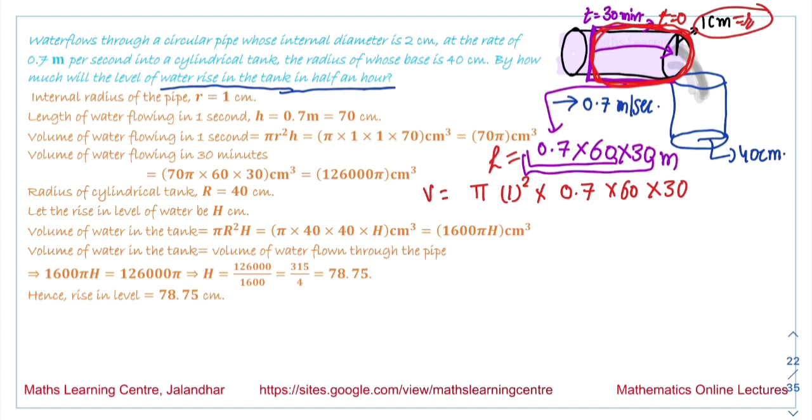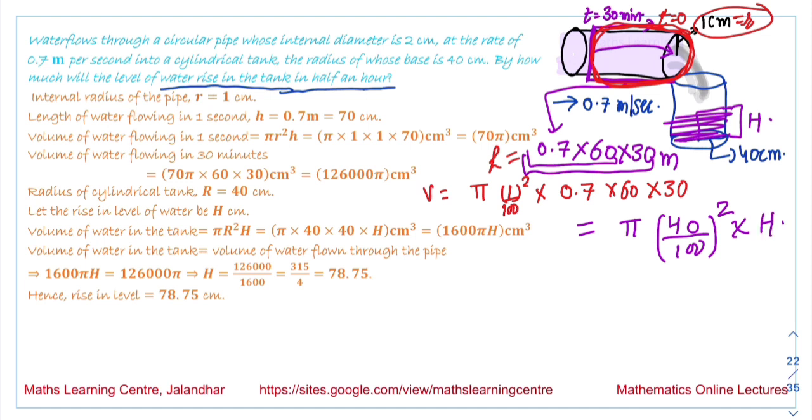Now this is by 100 square. So this volume should be equal to, suppose the level of water that is raised over here is capital H, the volume of the cylinder up to the height H, and that value is pi. The radius we have is 40 by 100 square. We are taking all the values in meters, into H.